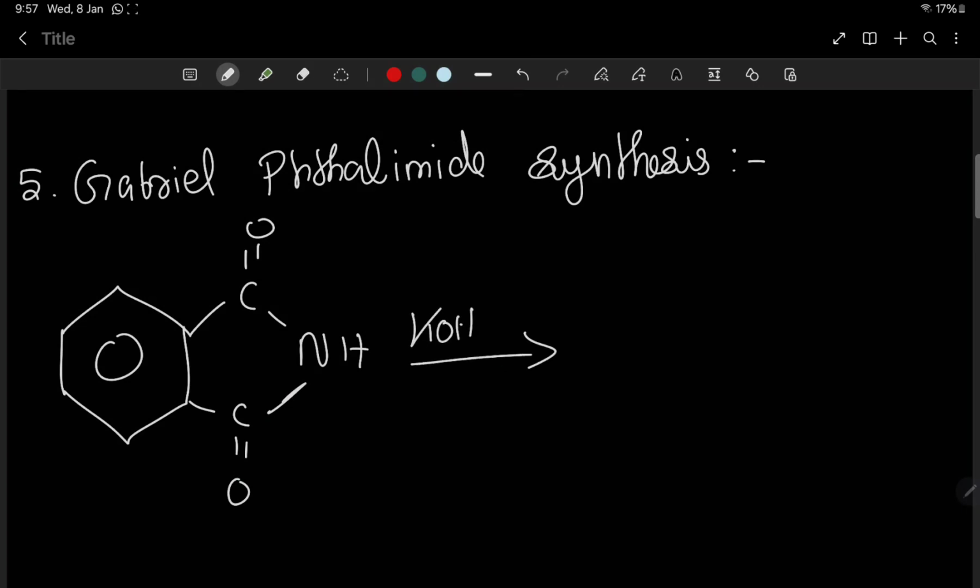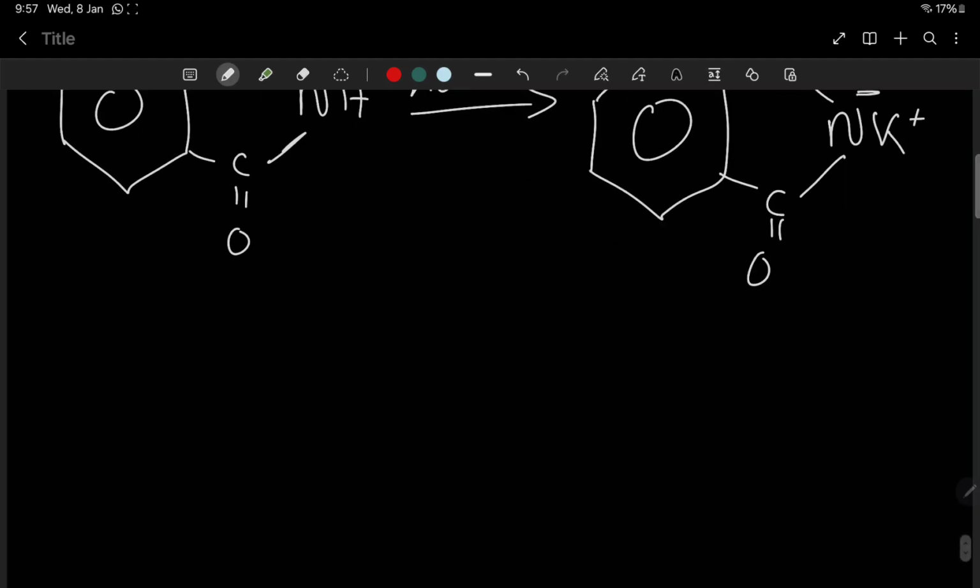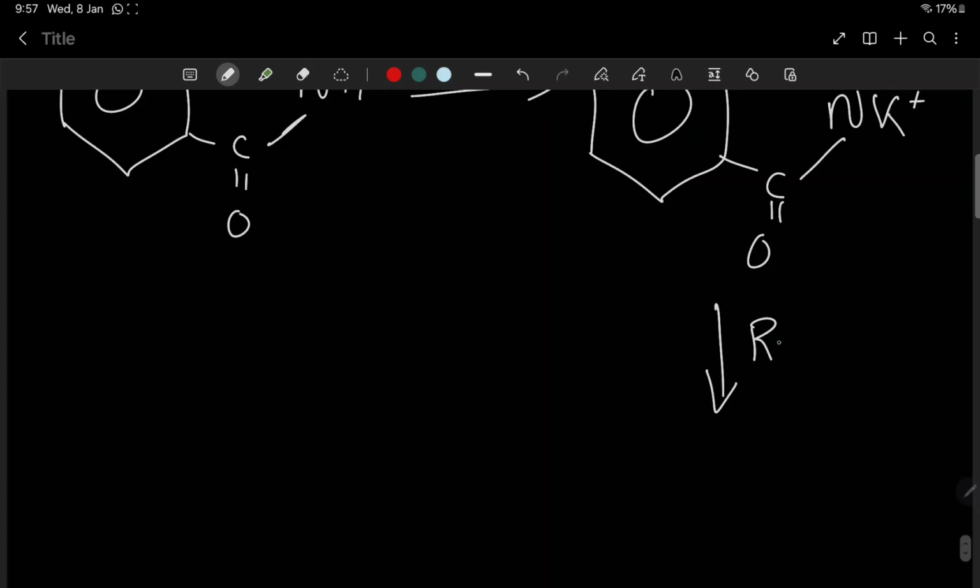The H will escape and we get the compound with N minus K plus. Now into this I am adding RX.